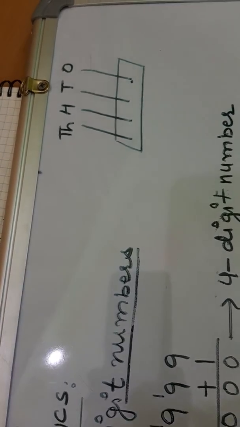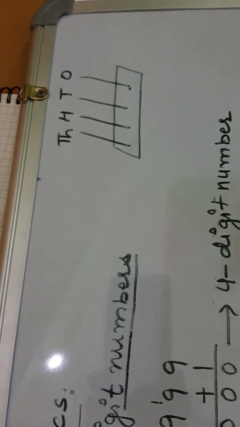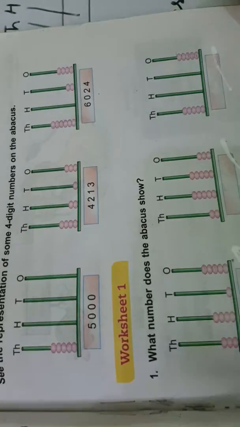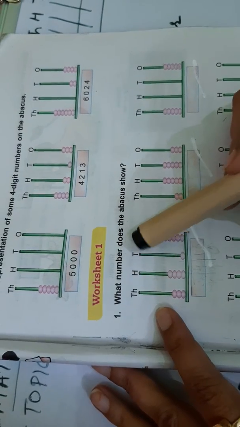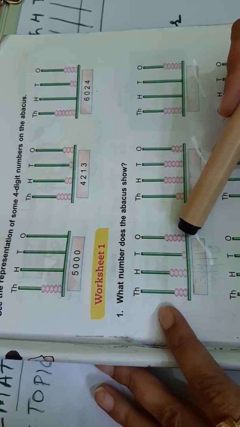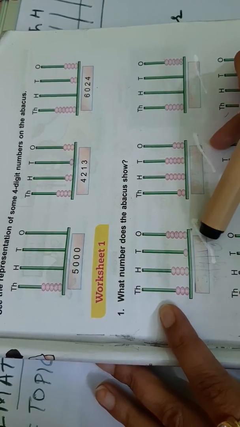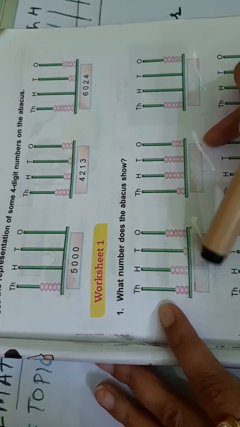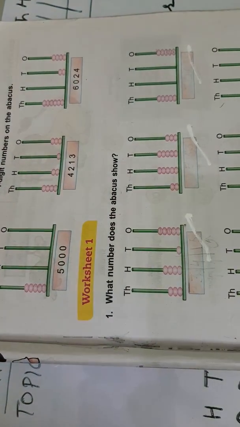So now how are we going to do our worksheet 1? This is totally based on this concept. Here the question is, what number does the abacus show, right? What do we have to read? We have to count these beads, and then we have to write those digits down here, right?